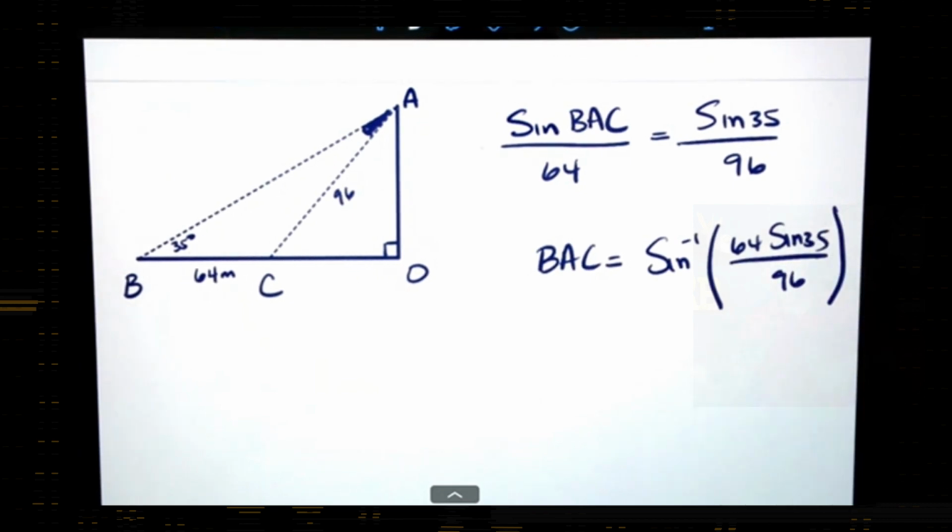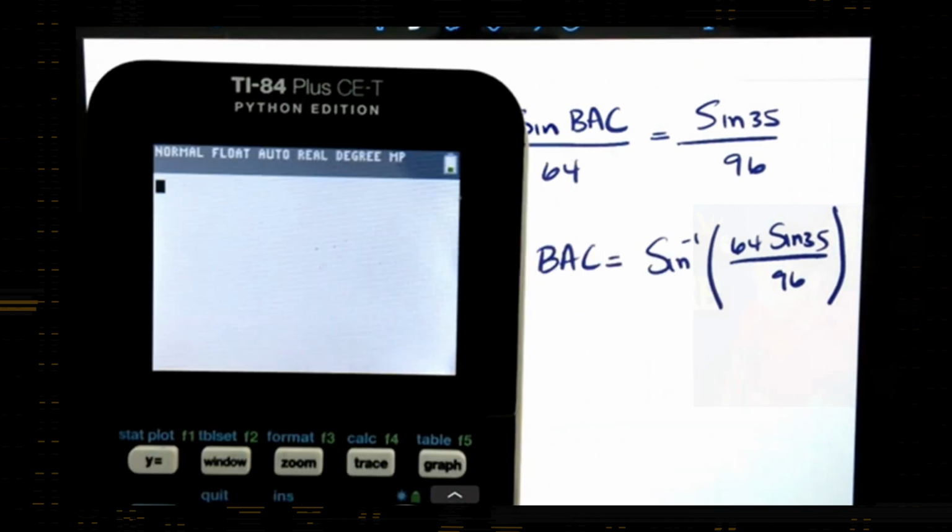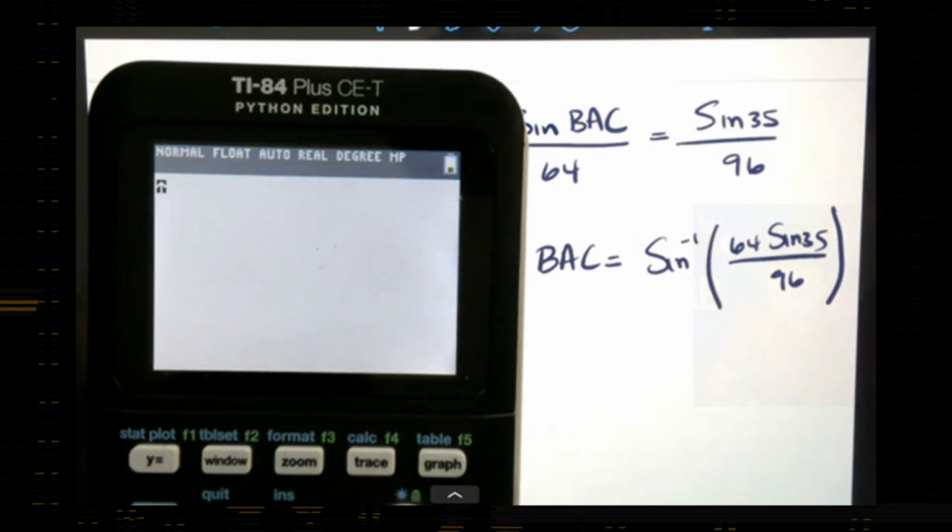If you don't know how I solved this for the variable, or in the way that I did, I suggest you go back to the videos that I recorded about the law of sines, which are very explicit and also at a pace that is understandable. So here I'm going to put the calculator and input what I have there.